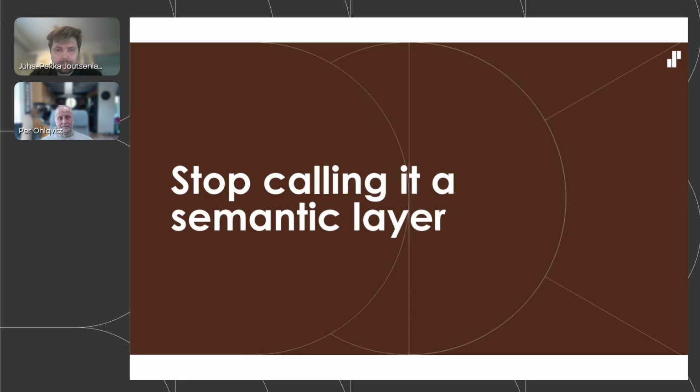Yes, thank you. So next is this area on why, or what is the problem with this semantic layer. And even if this statement might be a bit provocative, well, you will soon see.